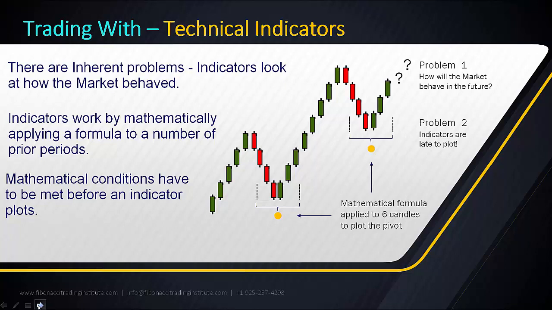Mathematical conditions must be met before indicator plots. When Fibonacci tells you everything you need to know about markets in advance. And that makes a world of difference. Nothing in common between indicators and Fibonacci.